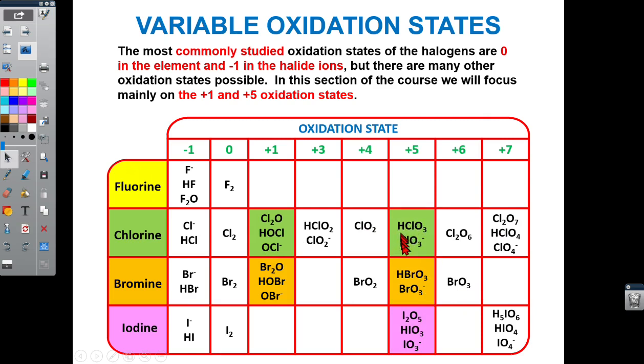We're going to look at HClO3 or ClO3 minus. So these are the two areas that we're going to look at in this section of work. The rest, don't worry about it. I only put this table up there for illustrative purposes. No expectation on you to learn any of these formulas, save for the ones I just mentioned, which we'll talk about in a second when we start looking at these reactions.